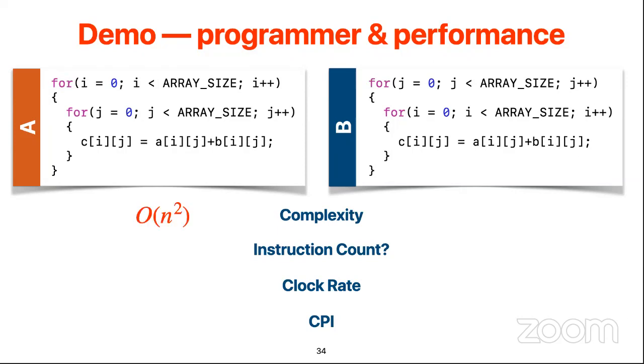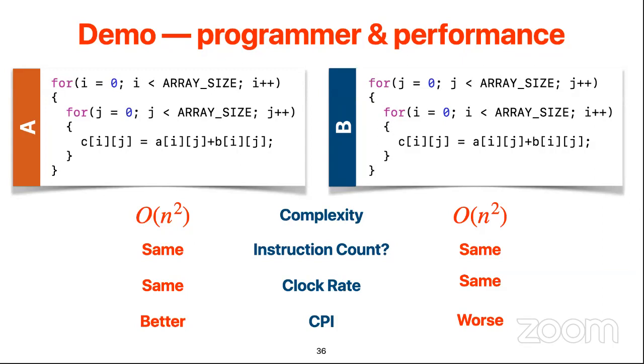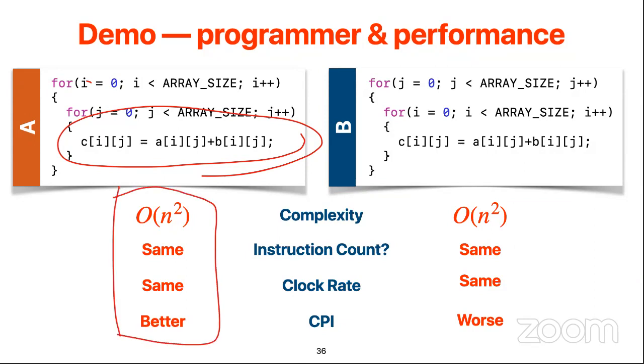Both programs have the same complexity, similar instruction count, and the same clock rate on the same processor. But the left-hand side would have a lot better CPI than the right-hand side, because if you know computer architecture, you know how the programming language lays out your data in the processor or the memory. So the left-hand side code would allow higher access throughput for load and store instructions. That's why the left-hand side is better.